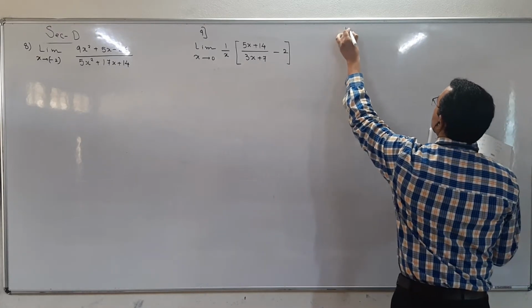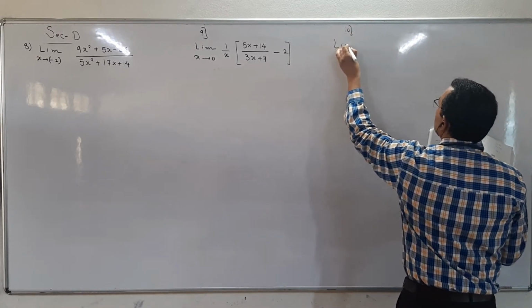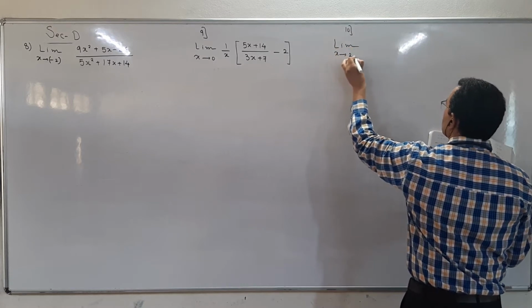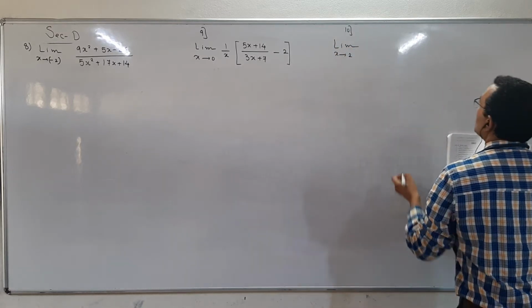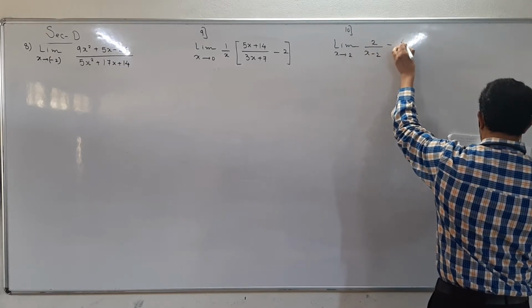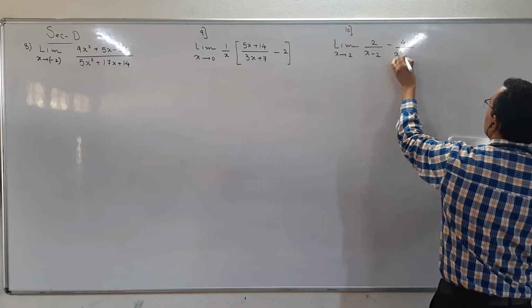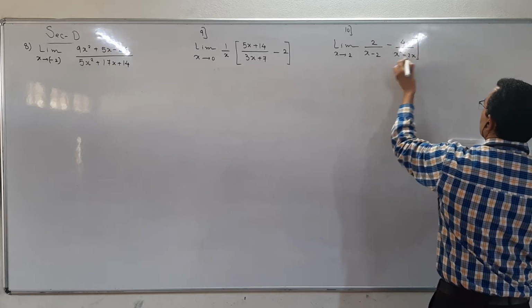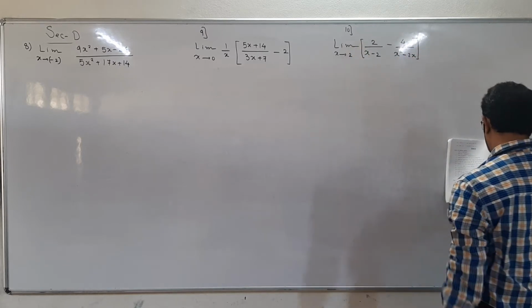Then the 10th one also we are writing: limit x tends to 2, 2 divided by (x - 2) minus 4 divided by (x² - 2x).